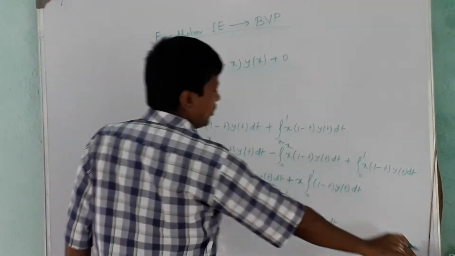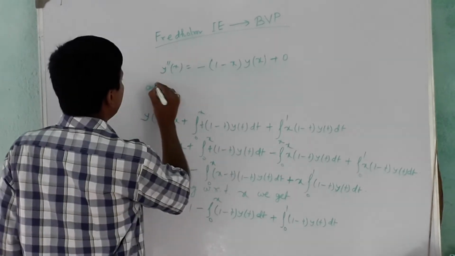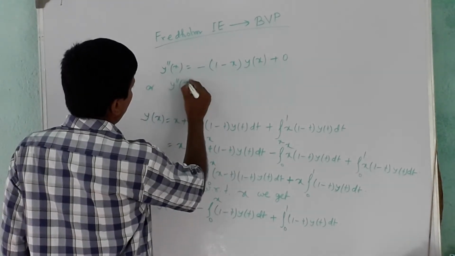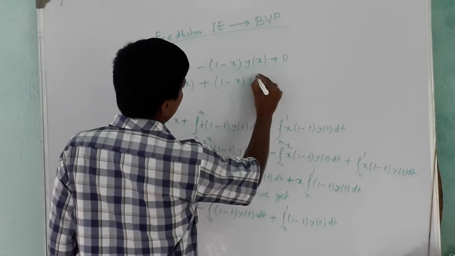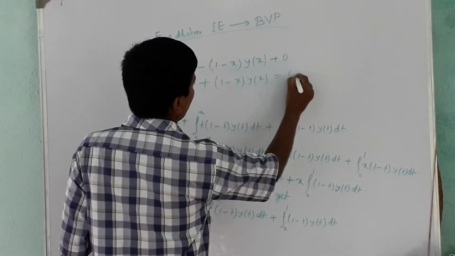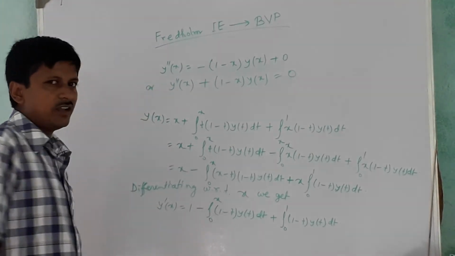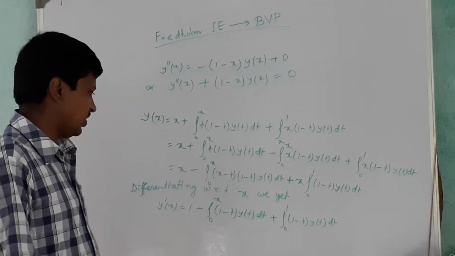So y''(x) plus (1 minus x) y(x) is equal to 0. This is our desired differential equation.